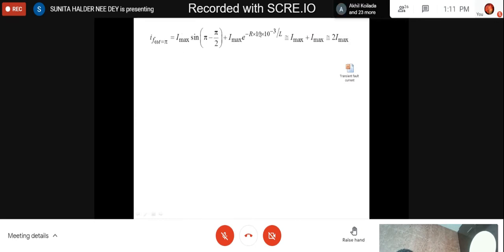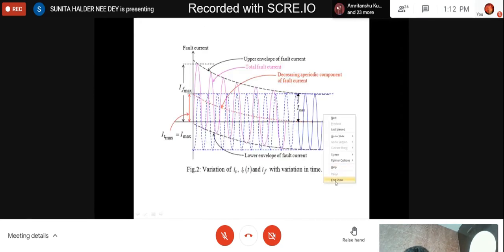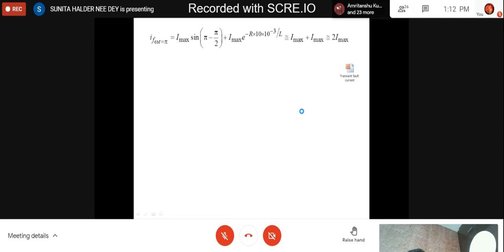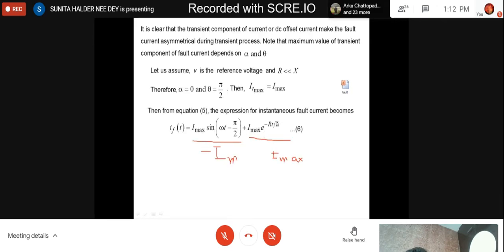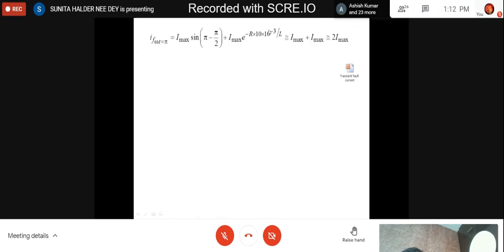But here we should not put pi in the transient component; there is no omega t, so we have to put the corresponding value of t here. So what is the corresponding value of t? Actually, our waveform is purely sinusoidal, our system voltage or current, and it is at 50 Hz frequency.